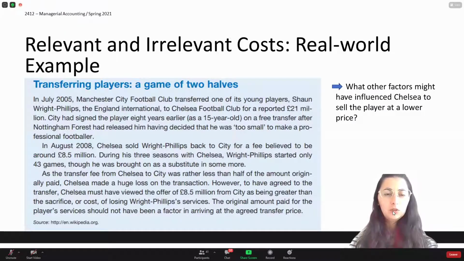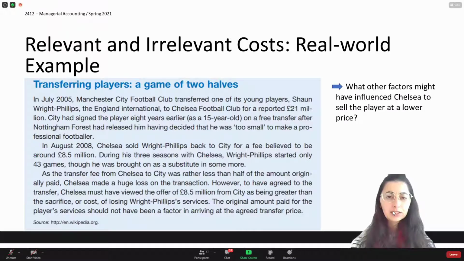So notice in July 2005, City sold to Chelsea for 21 million, and in 2008, a few years afterwards, Chelsea sold the same player again to City for 8.5.